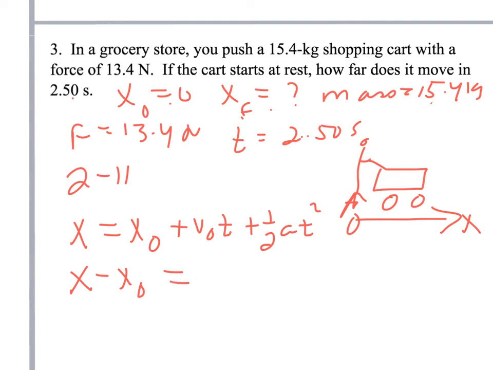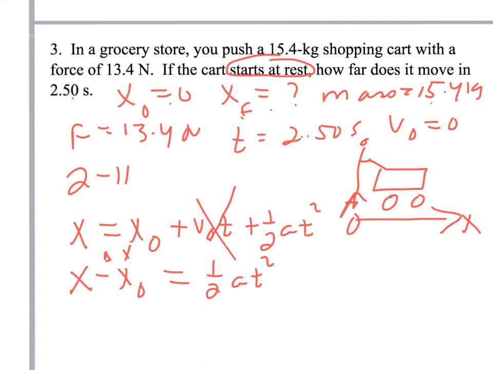The shopping cart actually tells us we're starting at rest, so v naught is 0. That drops out of the equation and we get our delta x equals one half a t squared.